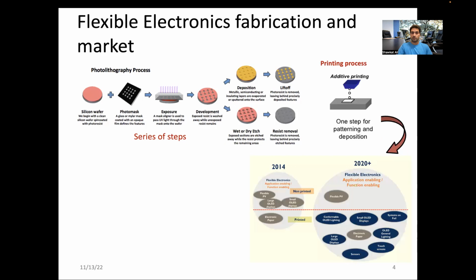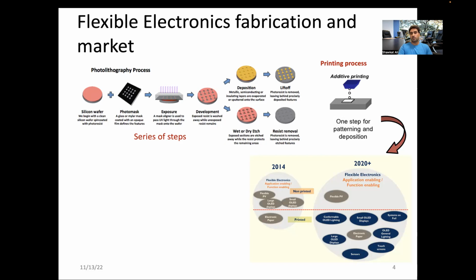So here we see in 2014, only a few devices or systems were printed, such as electronic paper. But after 2014, you see a lot of technologies have already moved to printed electronics because of its easy fabrication, low cost, and low temperature processing.